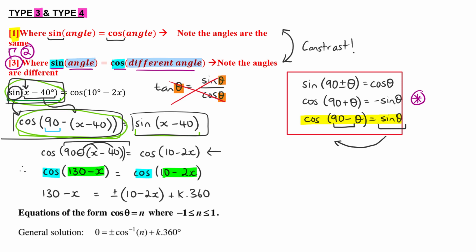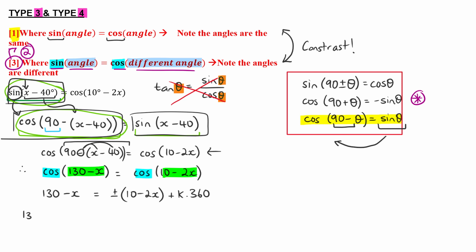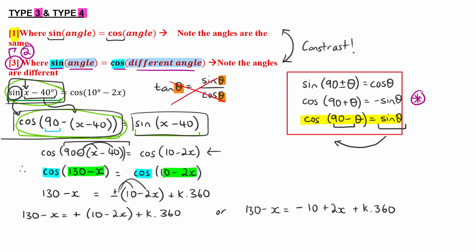Then we're going to use the plus first, so it's going to be 130 minus x is equal to positive 10 minus 2x plus k times 360, or it's going to be 130 minus x is equal to negative, and then if there's a negative in front, it distributes in, so it's going to become negative 10 plus 2x plus k times 360.